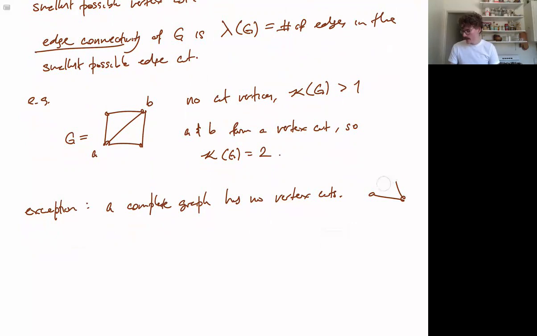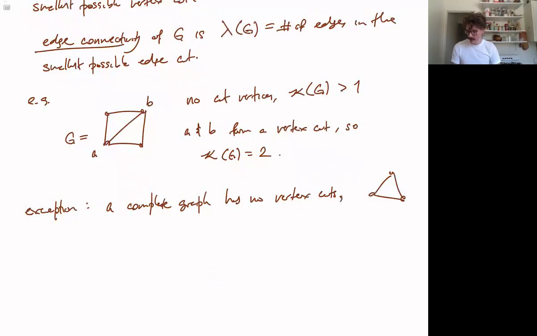If we remove this vertex, it's still connected. And similarly, this vertex or this vertex, all still connected. If we remove both of these, it's still connected. And similarly, both of these or both of these, still connected. So there's no way to disconnect a complete graph by only cutting vertices.